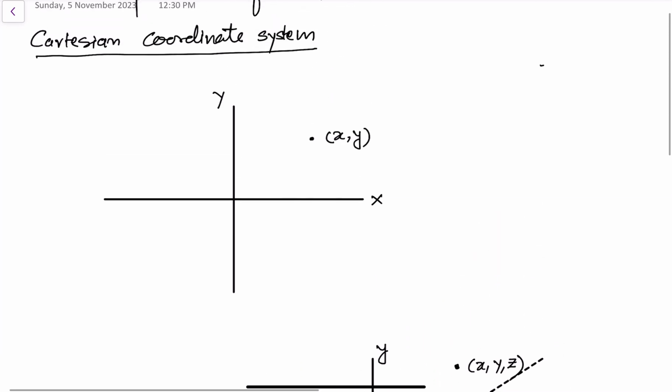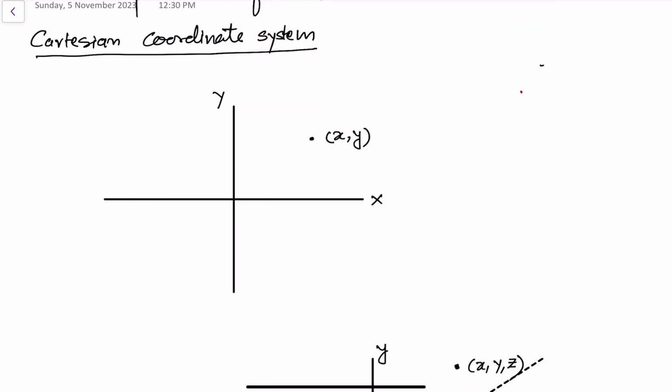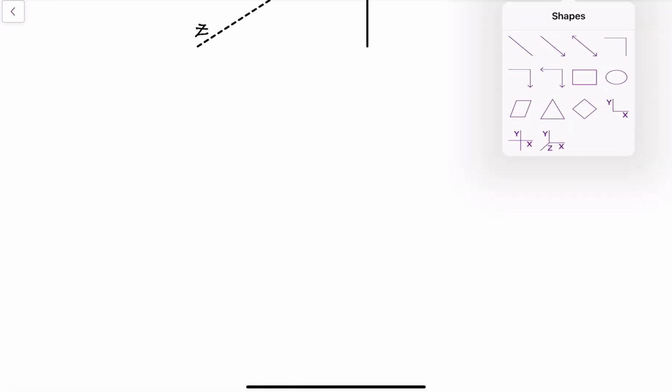Okay, first I can have a vector which can be drawn from origin to the point. So let us first focus on the two-dimensional.